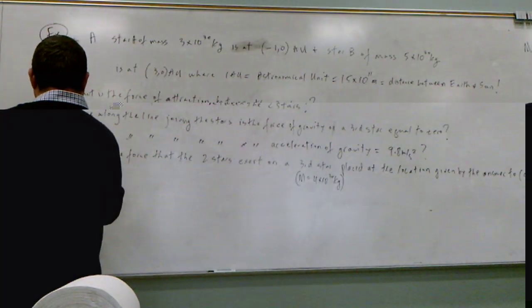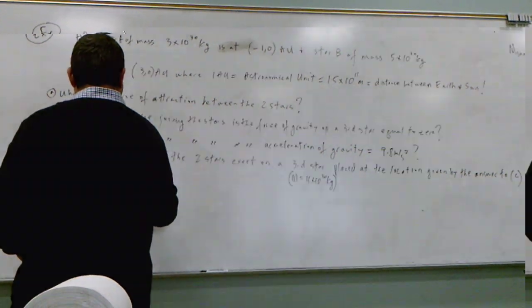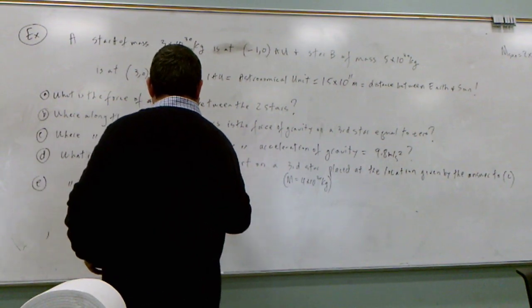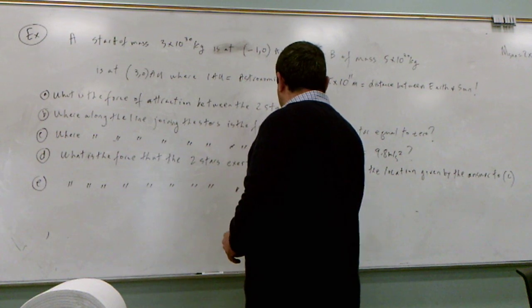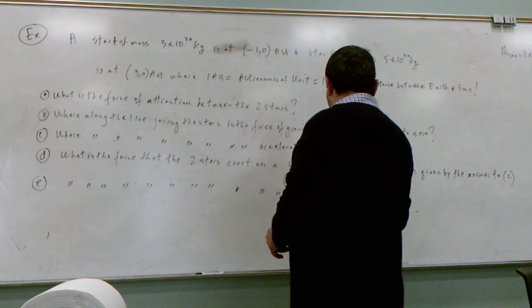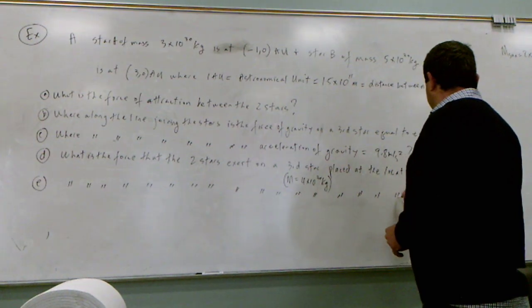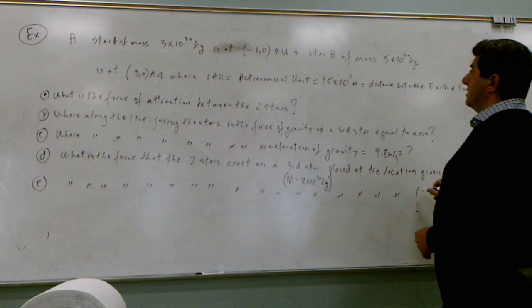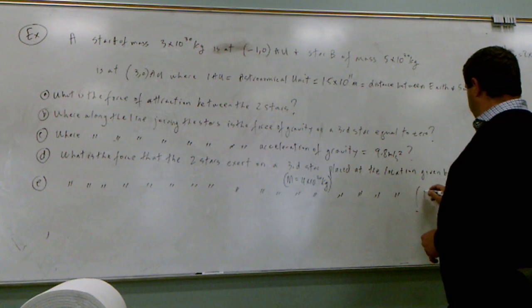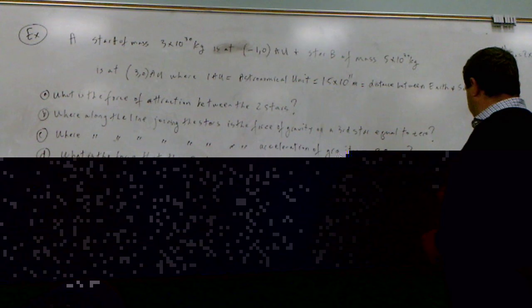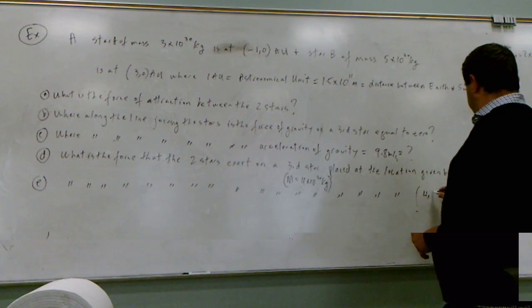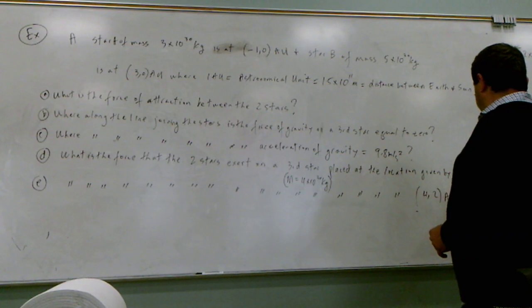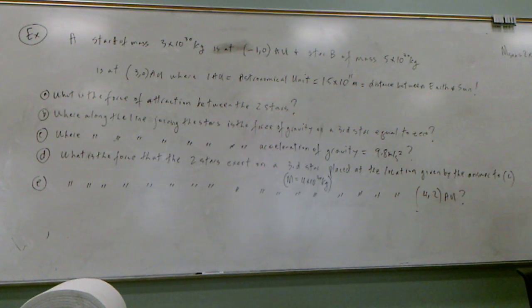And then E, what is the force that the two stars exert on a third star placed at the location 4 AUs? So these are a variety of questions we can ask, given this scenario.